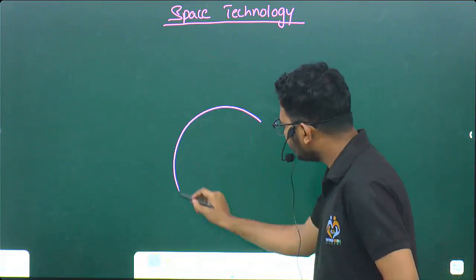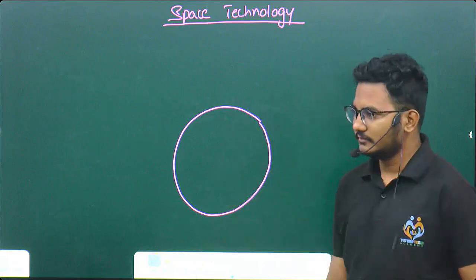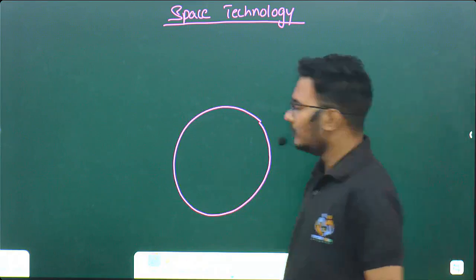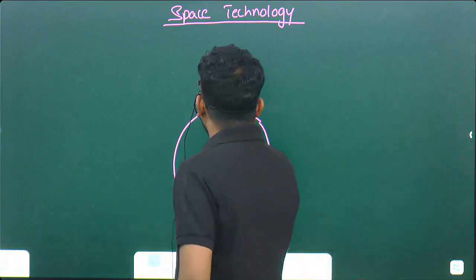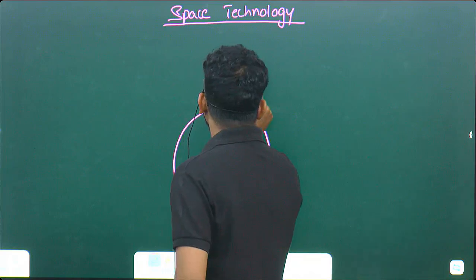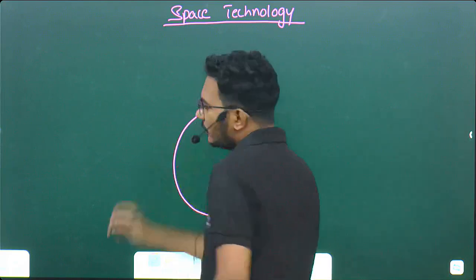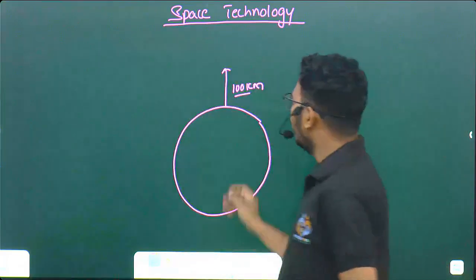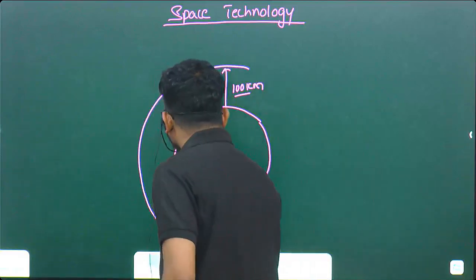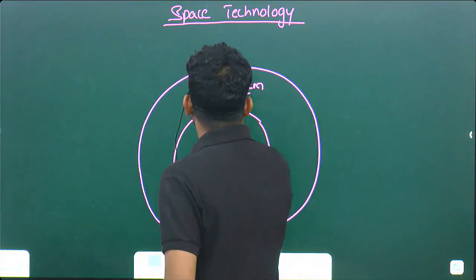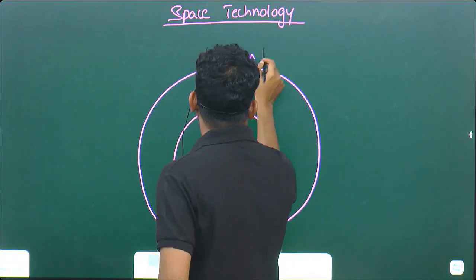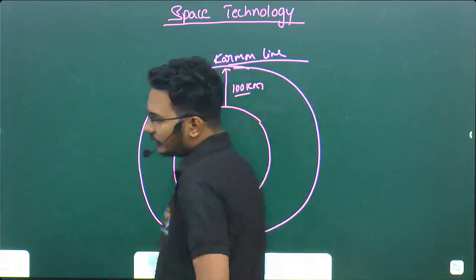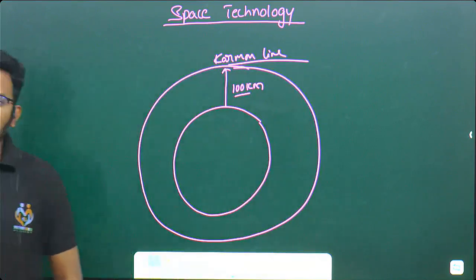See, this is Earth. We'll travel above till 100 kilometers. Then there will be something called Karman line.